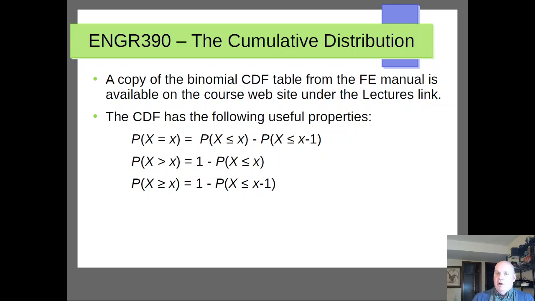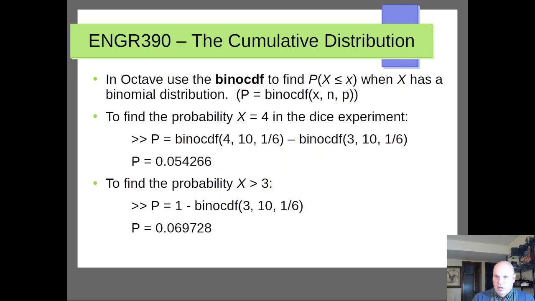That's going to give you the probability that x is equal to 4. Similarly, the probability that x is greater than 4 is going to be 1 minus the probability x is less than or equal to 4. The probability that x is greater than or equal to 4 is 1 minus the probability x is less than or equal to 3. So watch out for those greater than versus greater than or equal to things. They're a little different, but they should make sense.